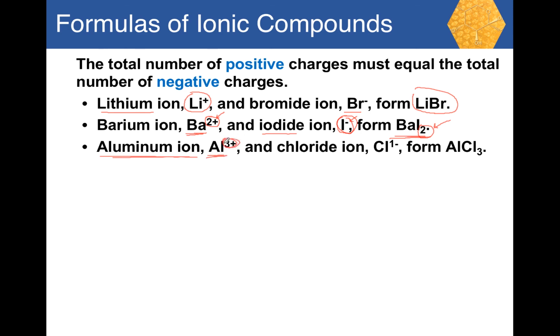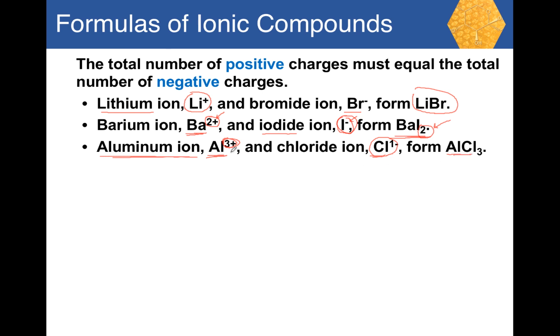Notice 3 plus. If it comes in contact with Cl minus, and Cl will always be -1, the ionic compound that's formed will be aluminum chloride.